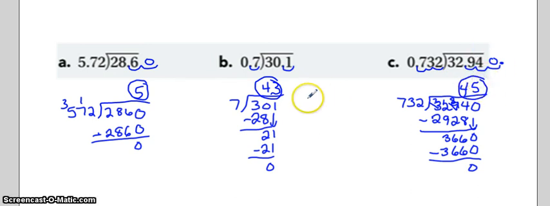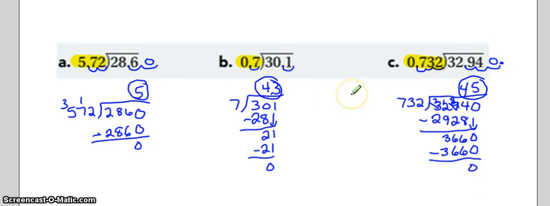The important thing is that in order to divide decimals, you have to remove the decimal from the divisor. If we remove the decimal from the divisor, we can divide it long division.